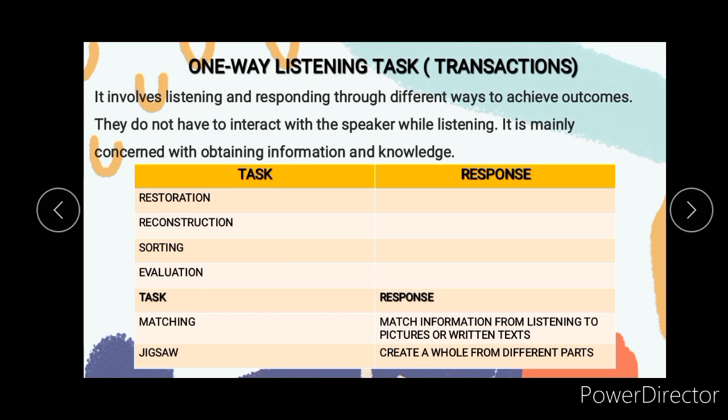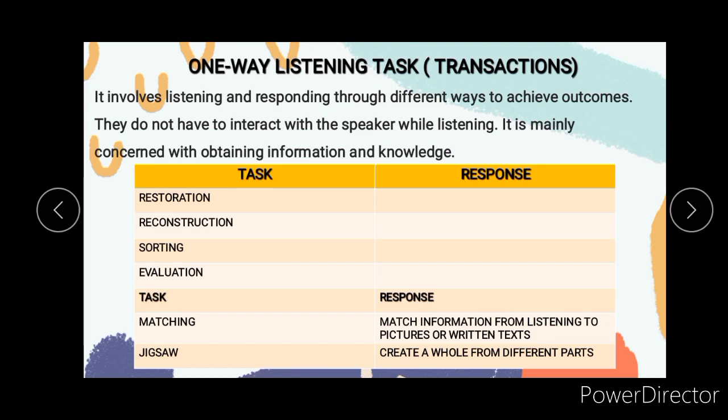So here we have two columns again. The first column represents the task, and the second column represents the response. We can see that in the task, it includes the restoration, reconstruction, sorting, and evaluation, but there is no response.